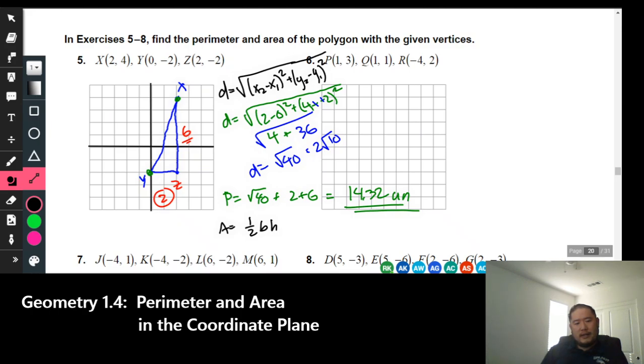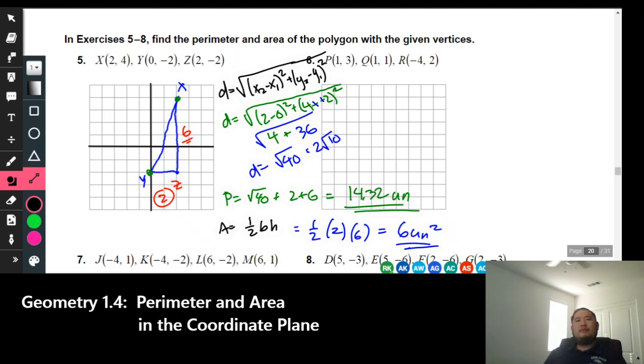So I'll say that y to z is my base, which is 2, and x to z is my height, which is 6. Let's substitute all that in. We have 1/2 times base of 2 times height of 6, and this is equal to 6, and then we have units squared because we're dealing with area. All right, and there you have it.